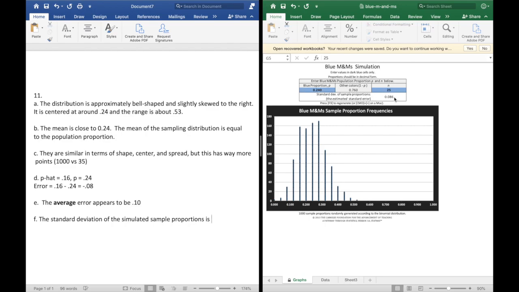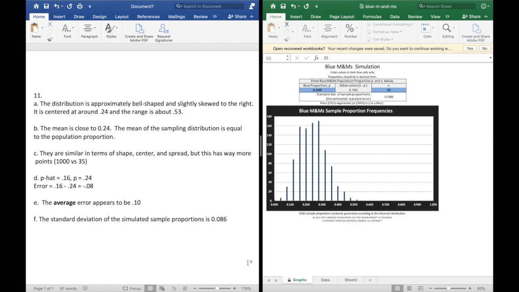Well, it says it right here, actually. It says 0.086. This is it right here. Okay, remember what standard deviation means? This is just on average how far away things are from the mean.